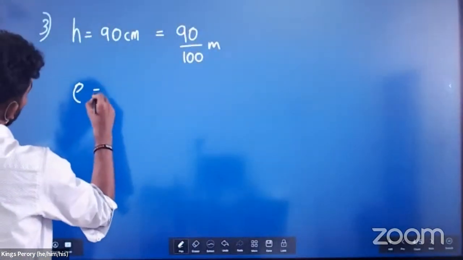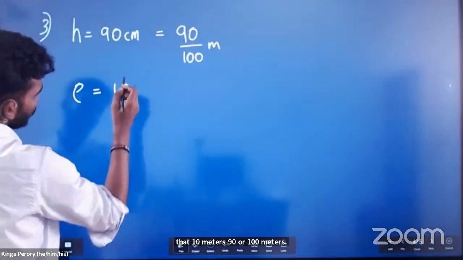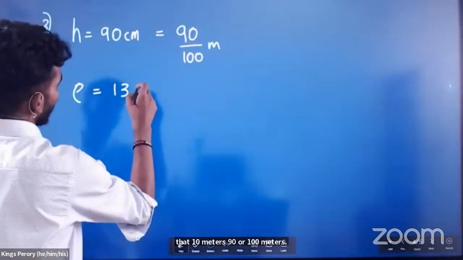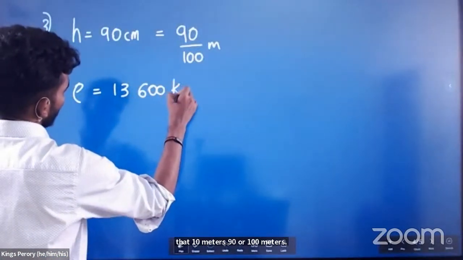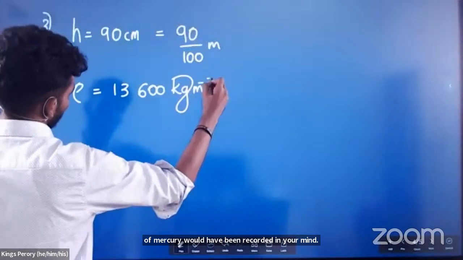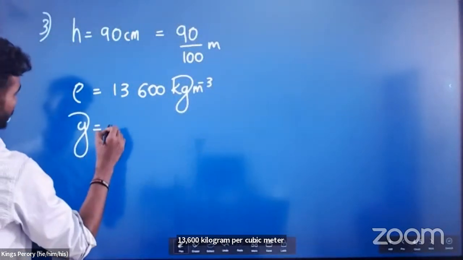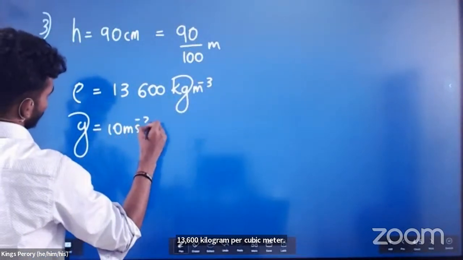That in meters, 90 over 100 meters. Density, by now, density of mercury would have been recorded in your mind: 13,600 kilogram per cubic meter. Gravitational acceleration 10 m s to the power minus 2.